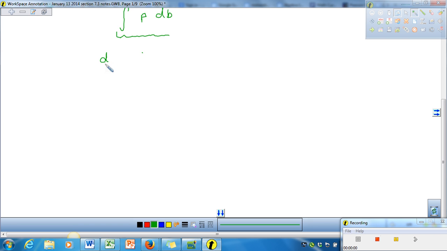All right, so to get to this is what we want to find, some way to integrate that integral of p db. And what I have is d dx of pb equals p db dx, you've already written this, I just am going to write it a little lower, plus b dp dx. And since I want to get to an integral, I'm going to integrate both sides of this equation. So let me change the color a little bit.